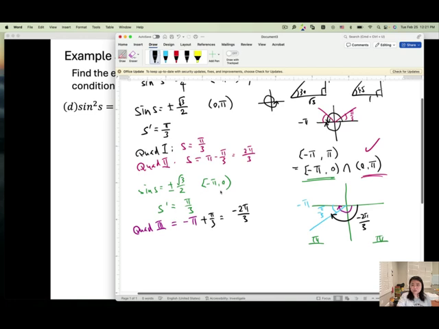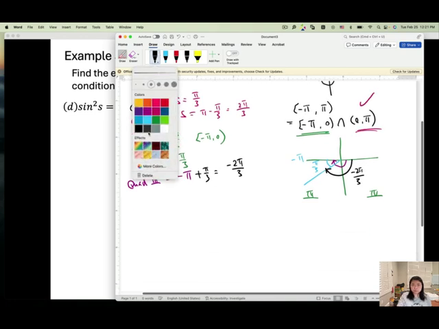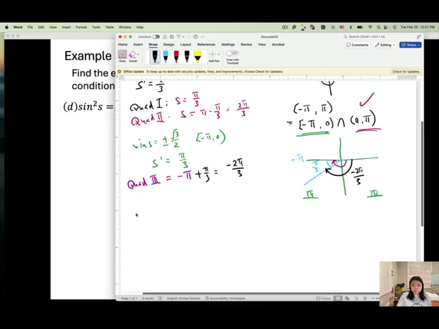And then quadrant 4. Again, we're going clockwise, so talking about like here. And this is going to be equal to your reference angle, pi over 3, so negative pi over 3 here.